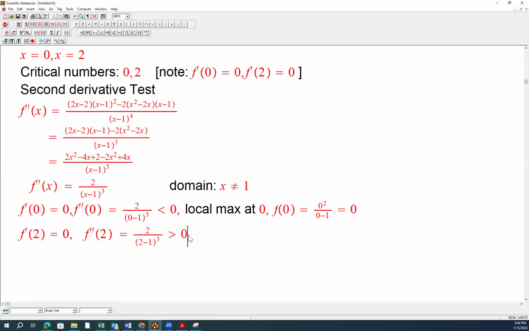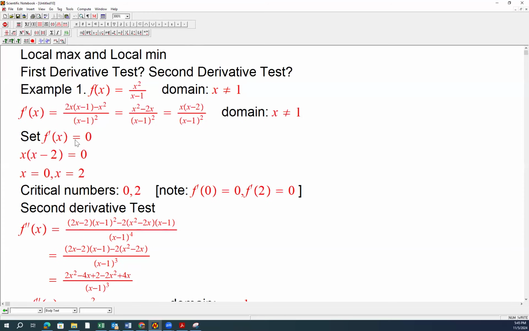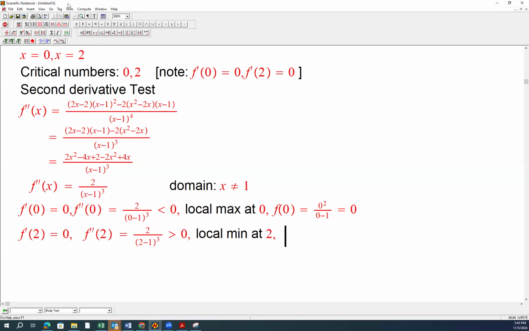So by the second derivative test, we have a local minimum at 2. And what is the value? We go back to the function and plug in 2. That's going to be 4.